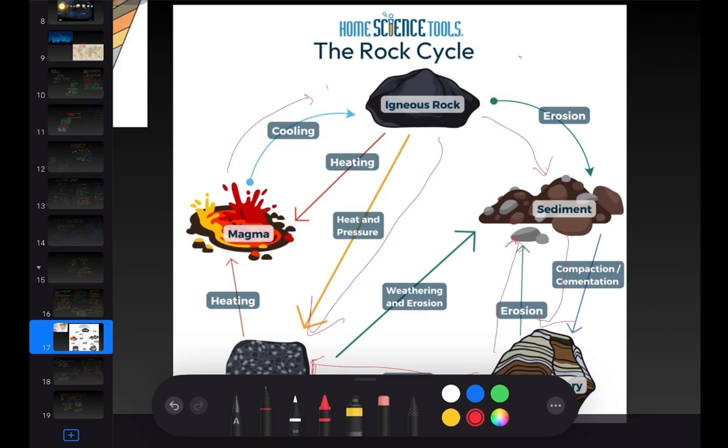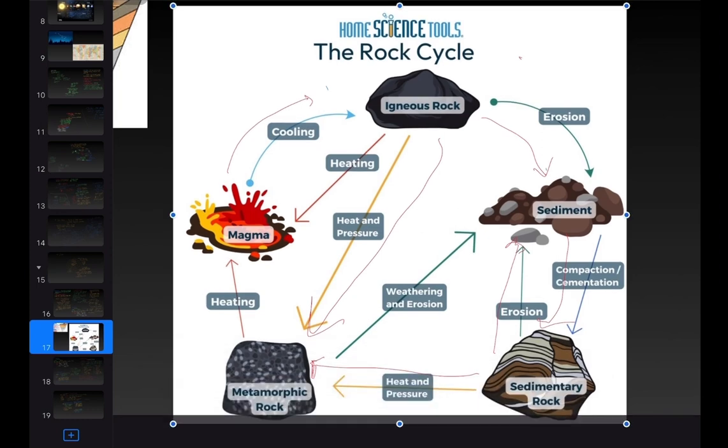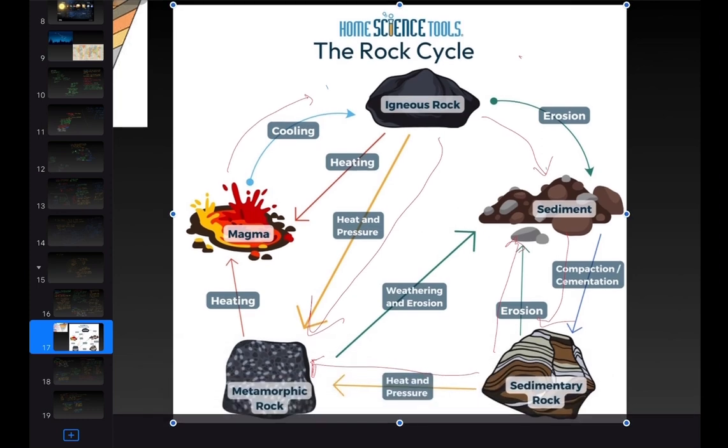These can vary. After igneous, metamorphic rocks can also be formed, or sedimentary rocks. After the formation of sedimentary rocks, it can form metamorphic rocks, or sediments again, or due to burial, can also form magma. So this is the rock cycle.